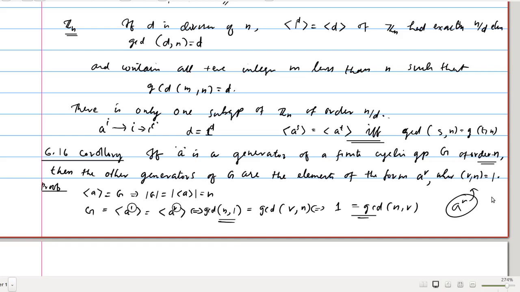After this class we can arrange a Google Meet or live interaction for doubt clearance. After that we will start the second module of this paper, which deals with permutation groups. We will elaborate on some finite non-abelian groups in the next module. Thank you.